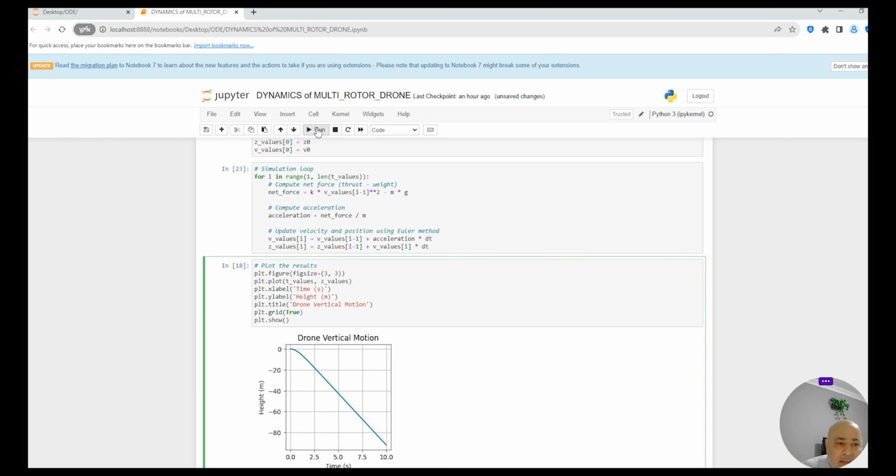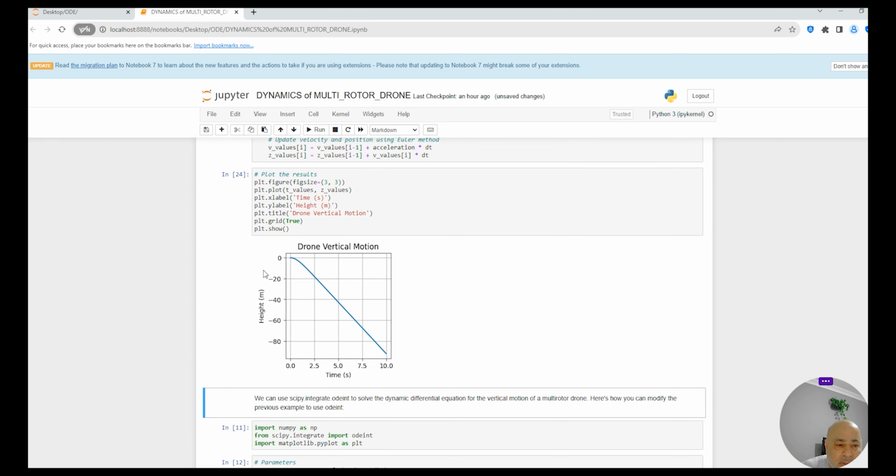Then I plot my result, and as you can see, it has plotted the result for me. It's going from 0 to minus 80 and from 0 to 10, as you can see, and it's descending in this manner.